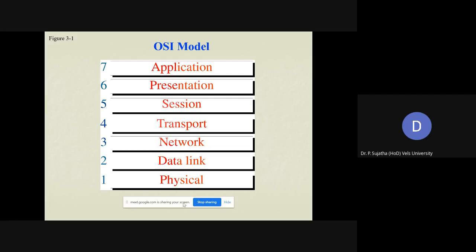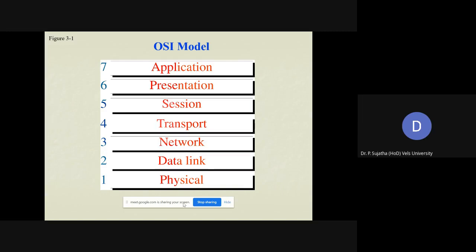Then from the receiver side, the information will be transmitted from lower layers to upper layers. That we will see later. So just understand how the information is transmitted through all the 7 layers at the sender side as well as at the receiver side.